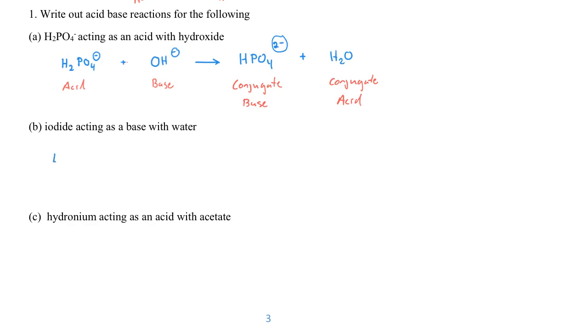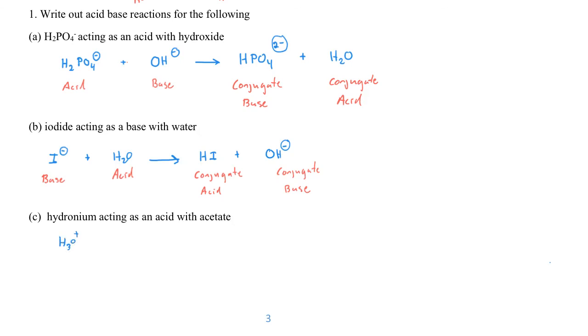Let's try another example. Iodide acting as a base with water, thus acting as the acid. So the proton is donated from water to iodide, and we get HI and hydroxide. The HI is the conjugate acid, and the hydroxide is the conjugate base. Okay, so let's try one more.